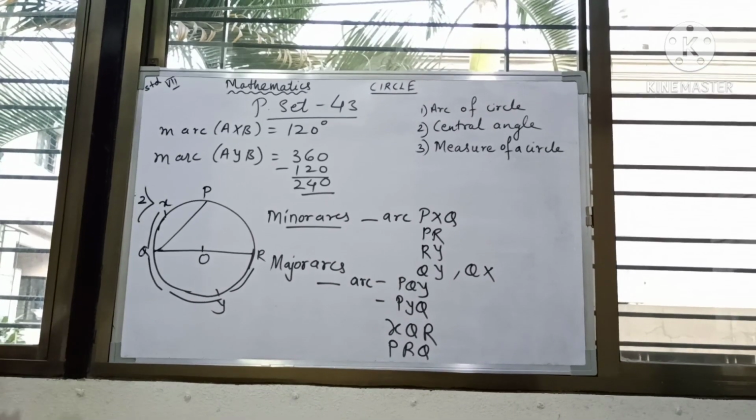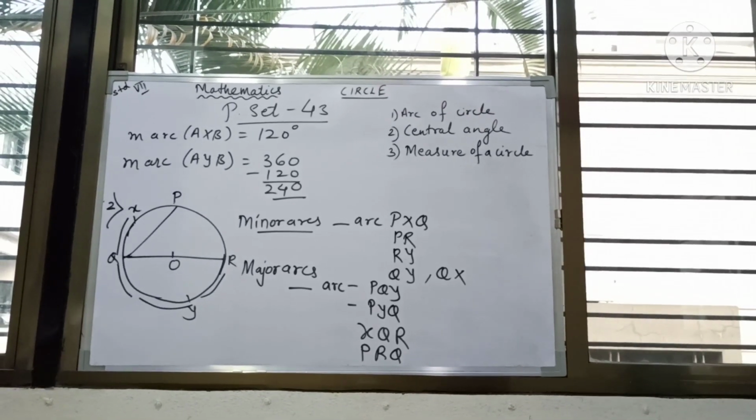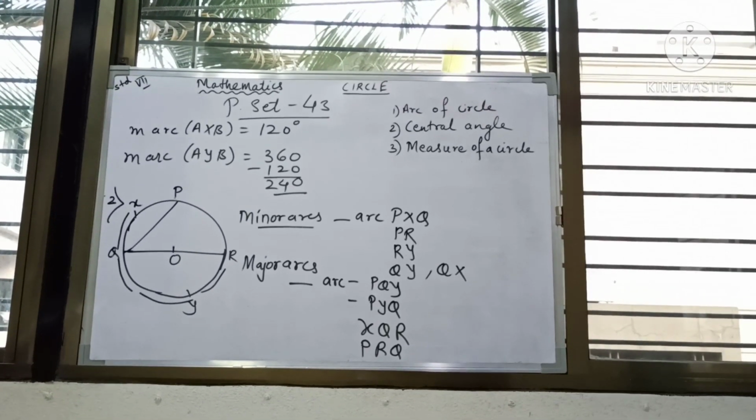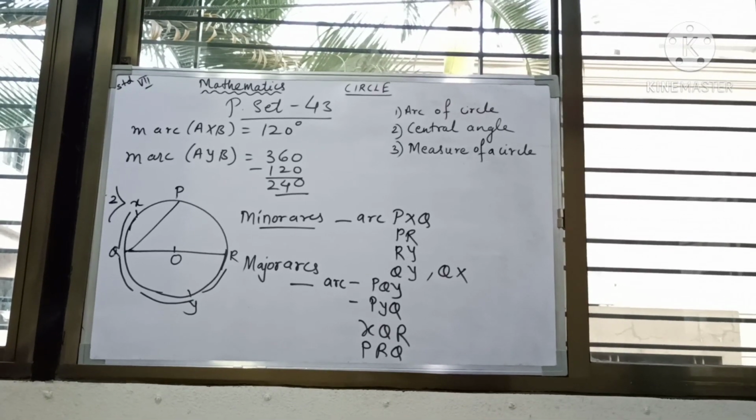The third sum. In a circle with center O, measure of the minor arc is 110. You have to find out the measure of the major arc.